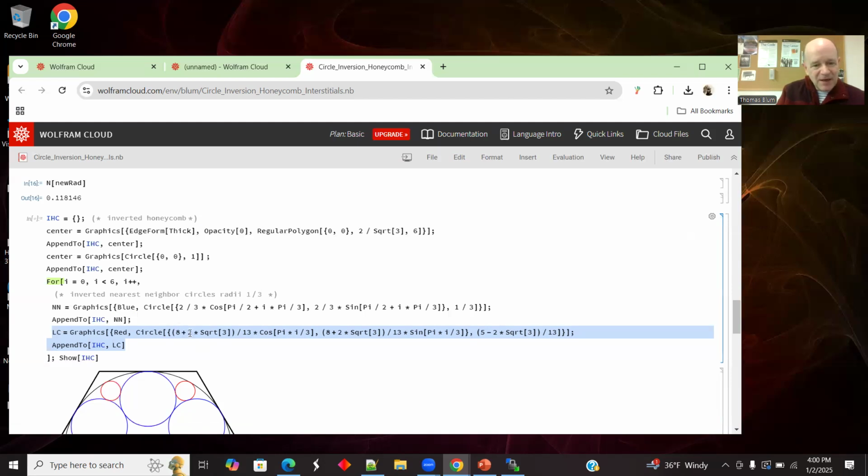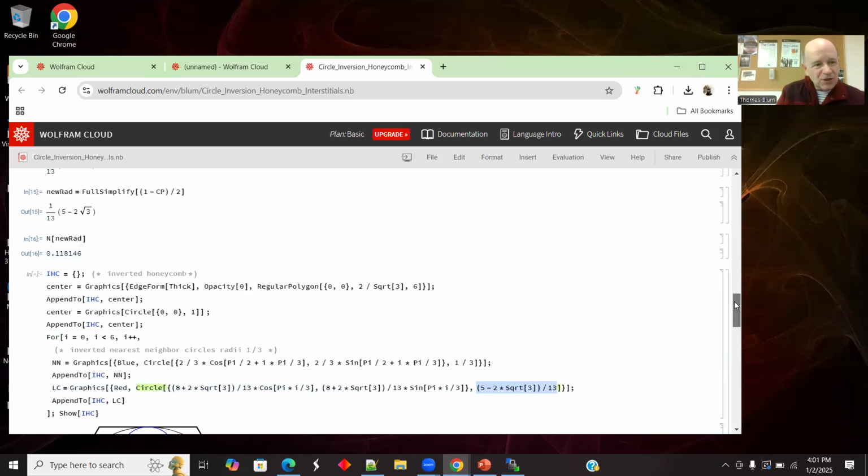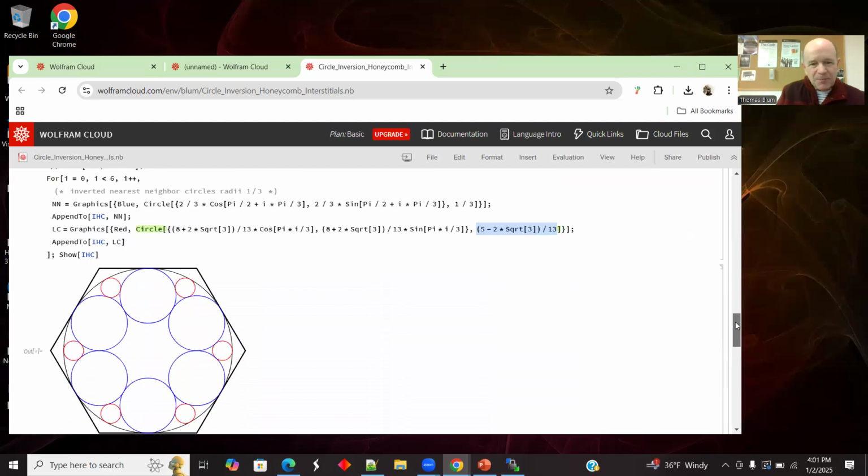But that was this 8 plus 2 times the square root of 3 divided by 13. That was the radius from the center to the center of these inverted red circles. And then cosine and sine to get the x and the y of them. And then here is that radius of the inverted circle, which was close to a 1/9, but a little bit bigger. And that's the drawing.